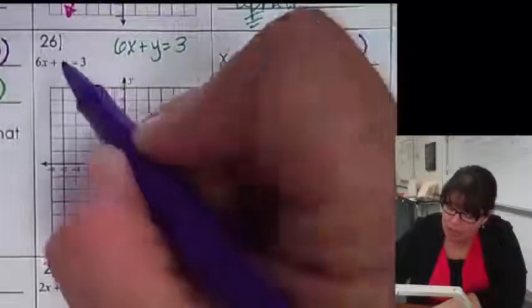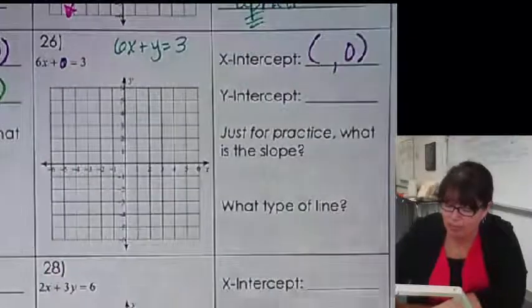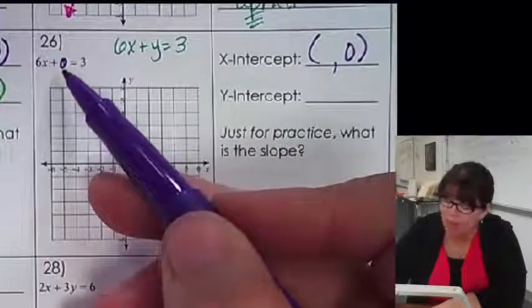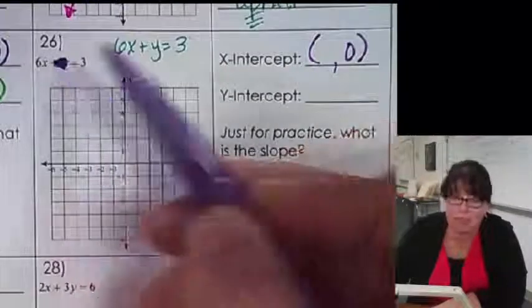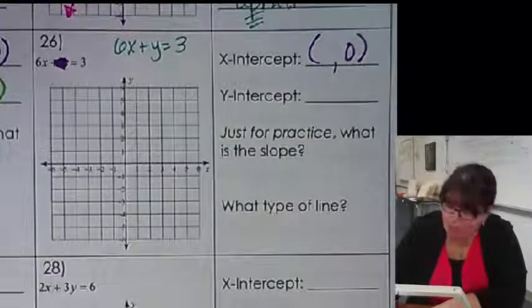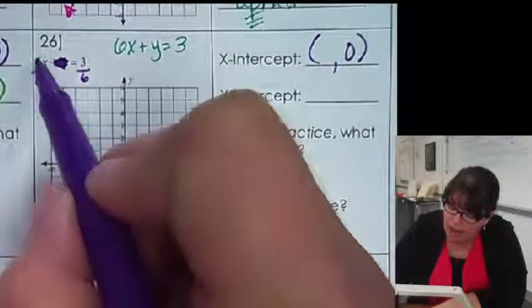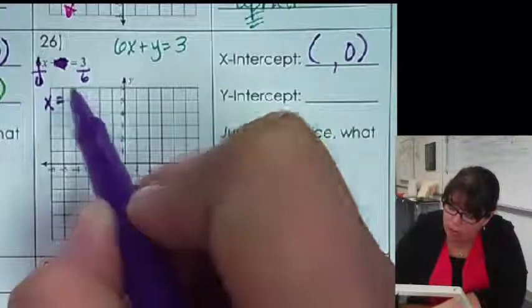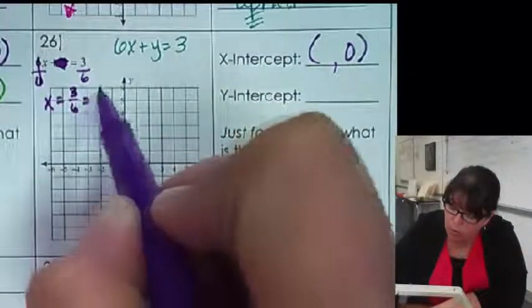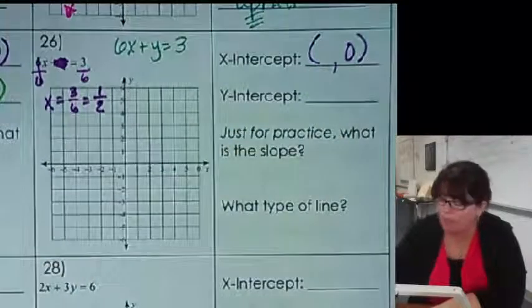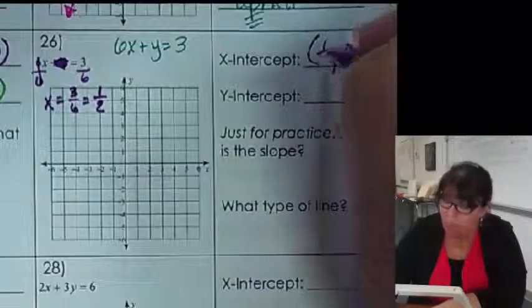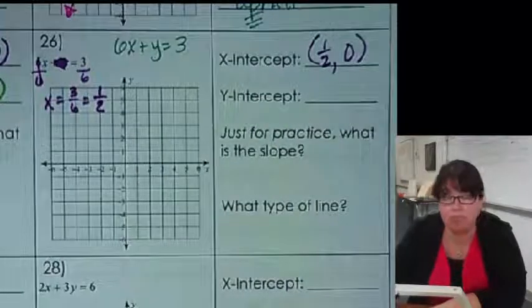Go to my equation, plug in 0 here. Well, there's nothing being multiplied by it, so it certainly disappears because it's just 0. Divide by 6, divide by 6, and I have x equals 3 over 6, which is also 1/2 when I reduce that. So my x-intercept is at 1/2, 0. So far, so good.